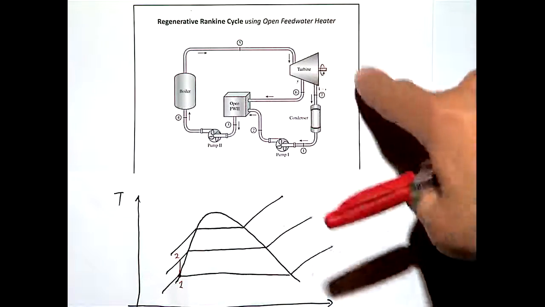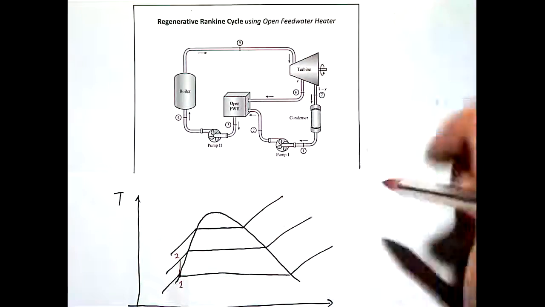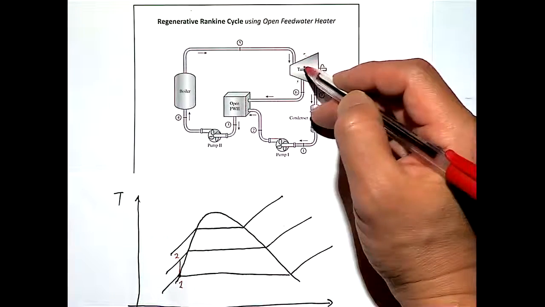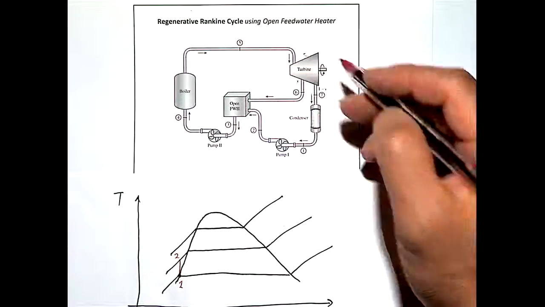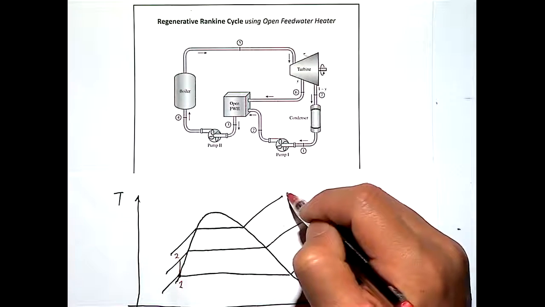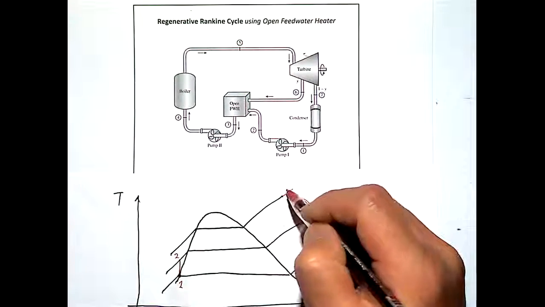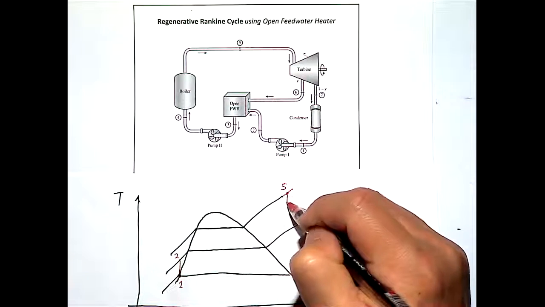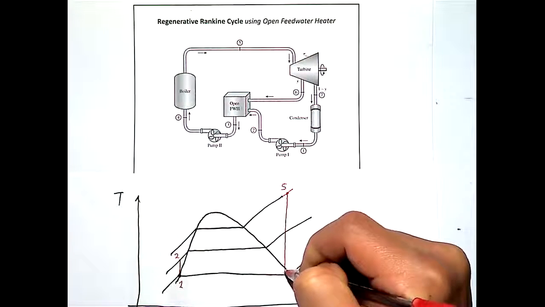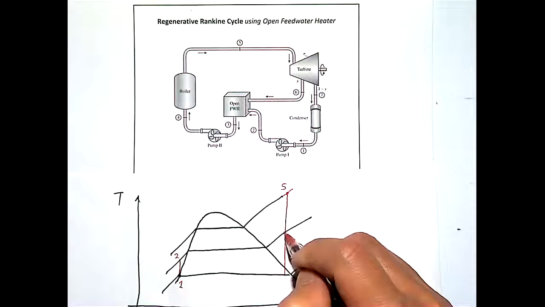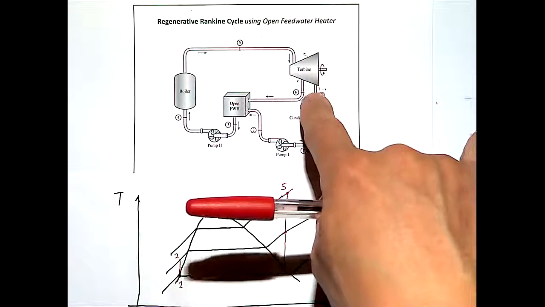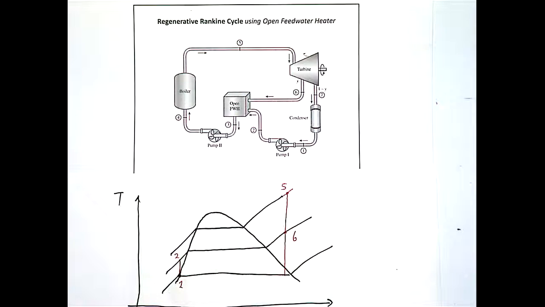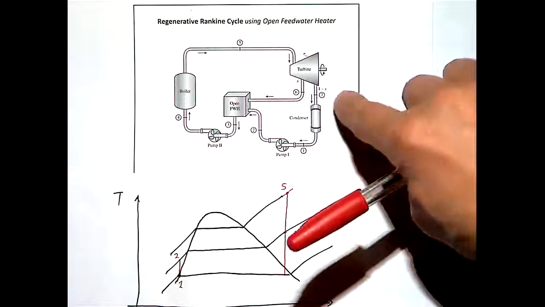And then let's work out the other stream first. So if we go from the other side, which is the turbine inlet, that is state 5 there. Then it's supposed to go all the way down, but leaves the turbine earlier, which is at state 6, and then ends up with state 7.